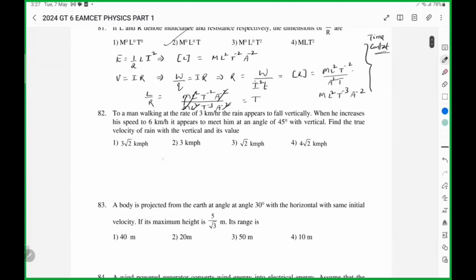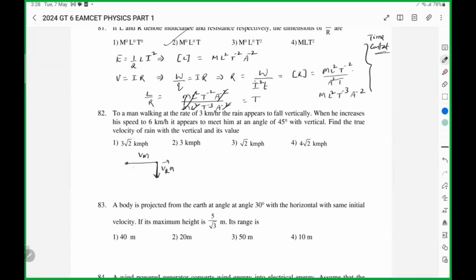Here a man is walking at the rate of 3 kilometers per hour. Rain appears to fall vertically. This is the velocity of man, and this is the velocity of rain with respect to man.